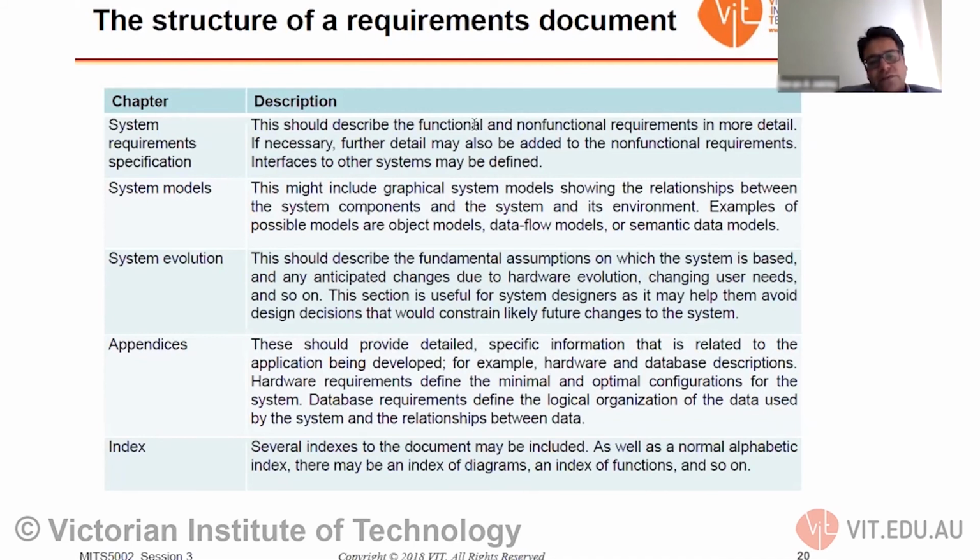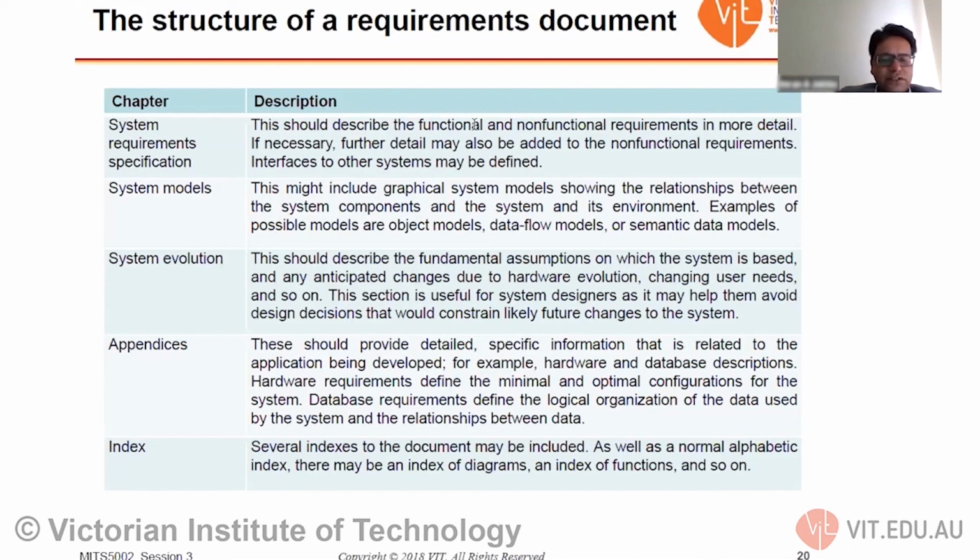The appendices contain specific information, for example hardware and database descriptions, and what tools you would use. Say you are creating a software system that can work only with MS SQL, or you are creating the software using PHP, or Java Web Services or C++.